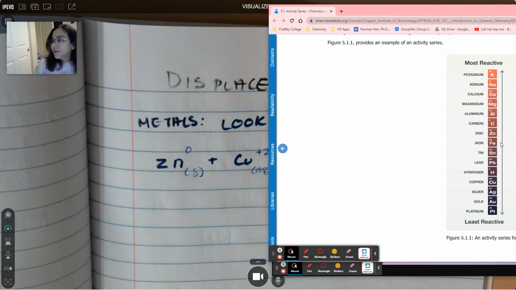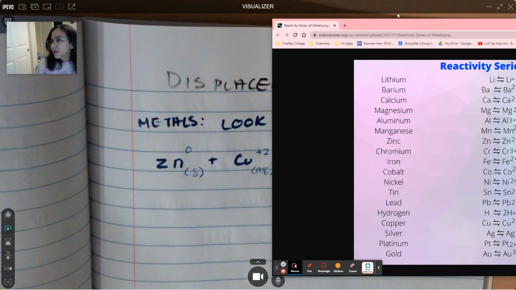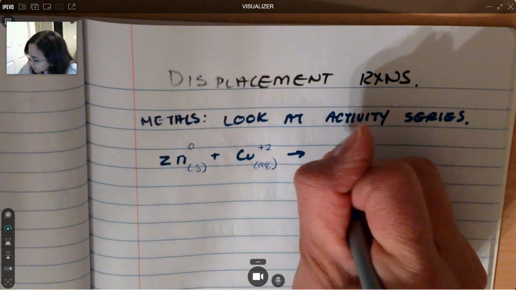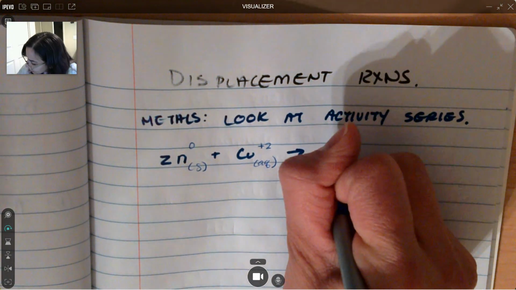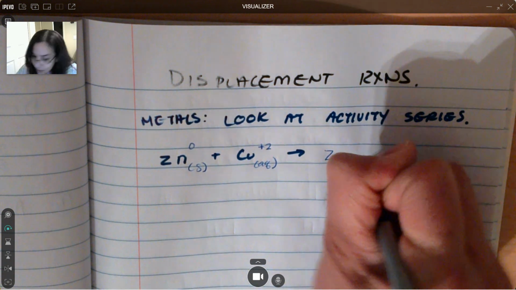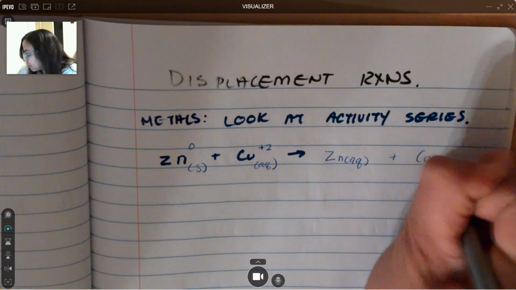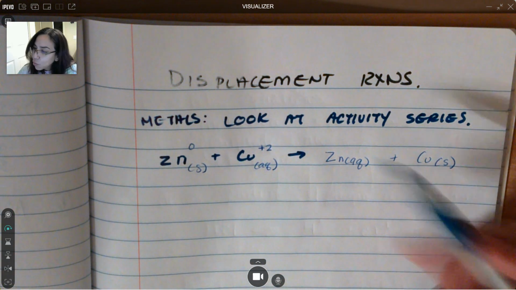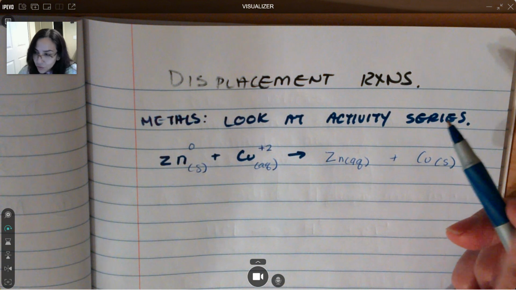All right. Anyways, this reaction will occur. Zinc is on top of copper. Okay, so we know that the reaction will occur. So we are going to get our zinc turning into an aqueous ion plus our copper breaking out of this solution that it was in. So remember, there's water in this solution, but we don't have to write it down.